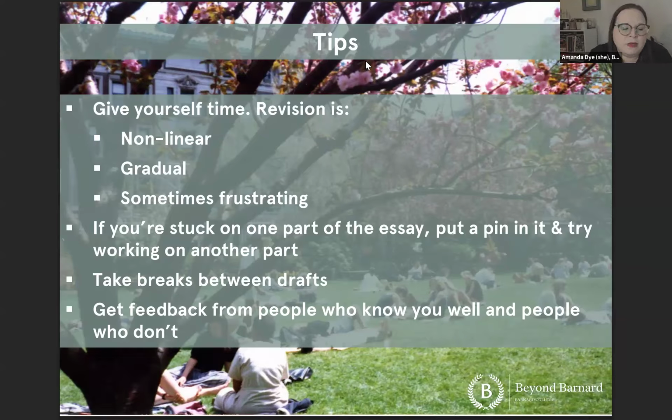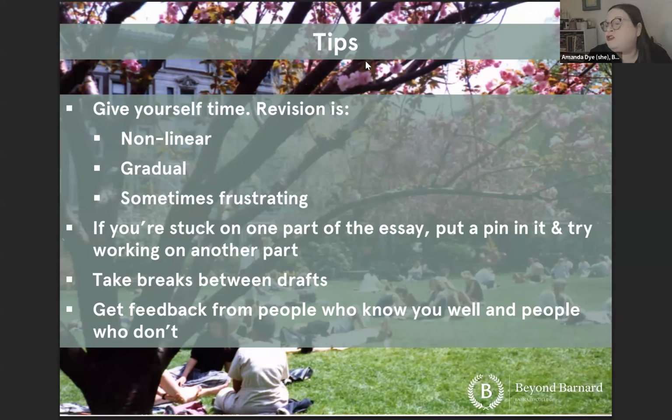When you are engaging in this work, if you find yourself really stuck on one part of the essay, I encourage taking a break and working on another part, seeing if you can make some progress elsewhere. I also encourage taking little breaks between drafts so that you give yourself a little room to breathe, and getting feedback.